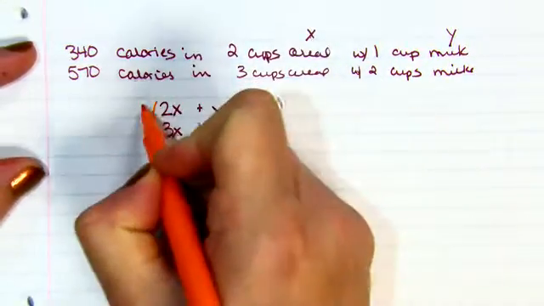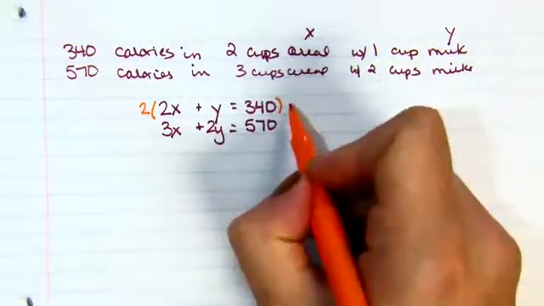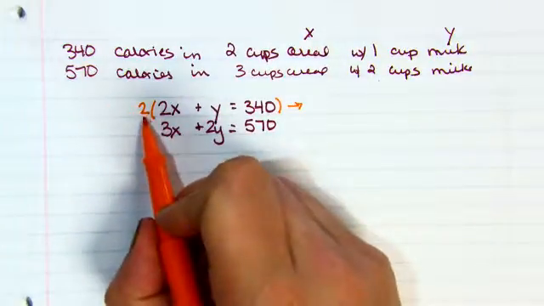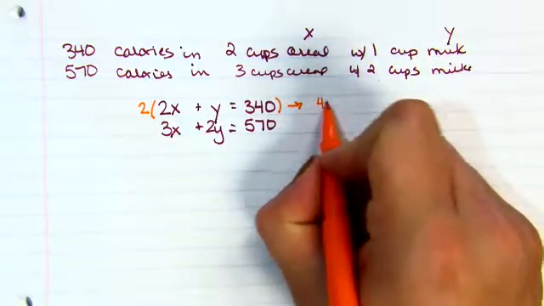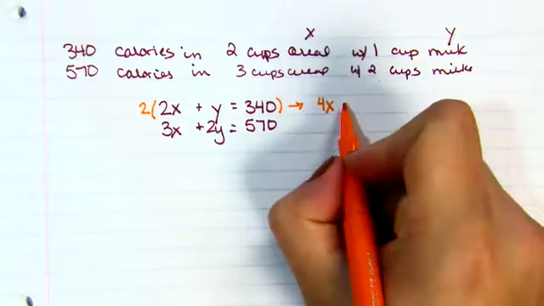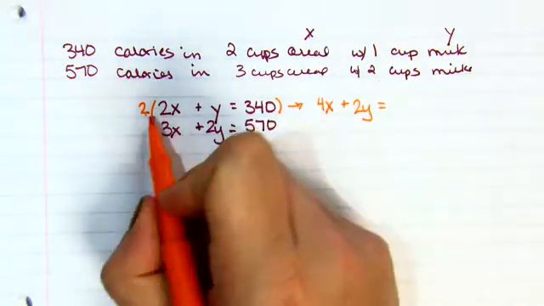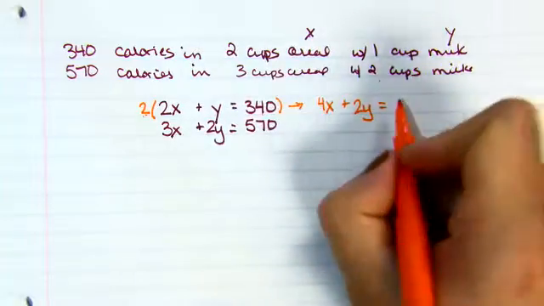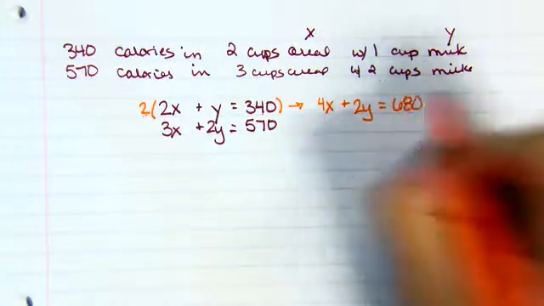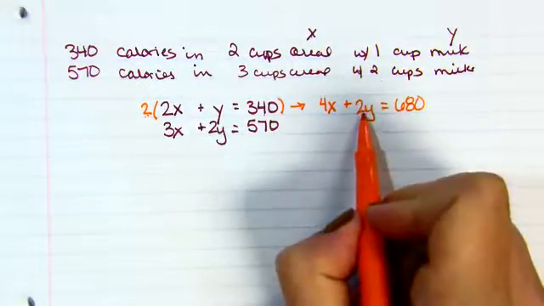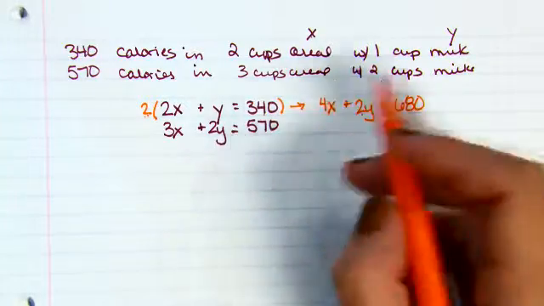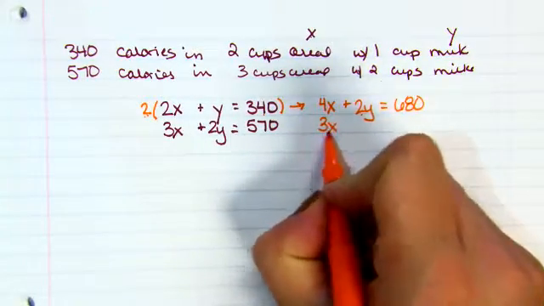So multiply the top equation by 2, and when I do that, I have 2 times 2x, which is 4x, plus 2 times y is 2y, and that's going to equal 2 times 340, which is 680. Now I have a 2y, I have a 2y here, so I can just keep my second equation the same.